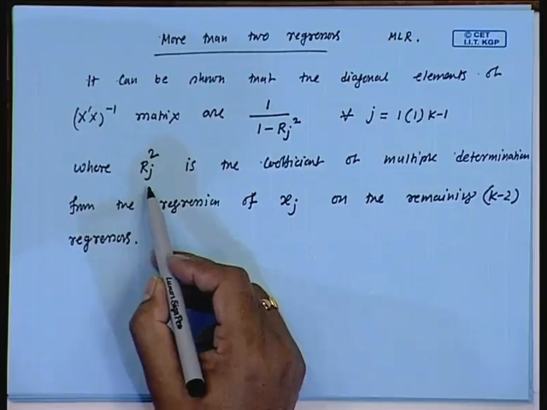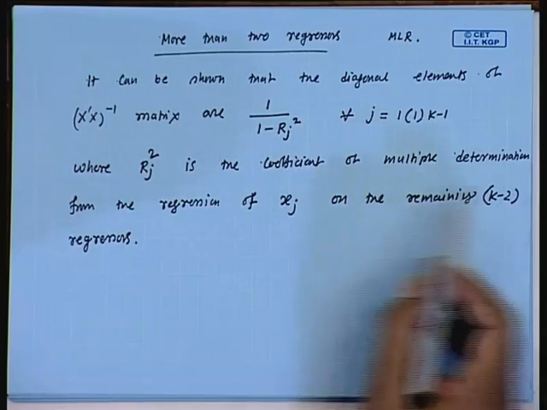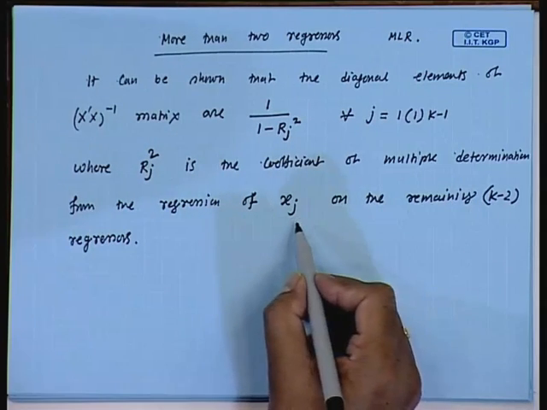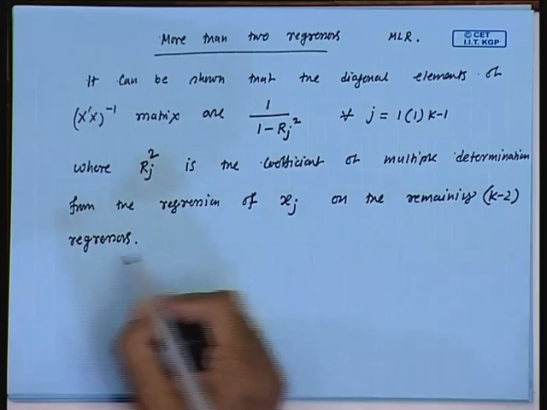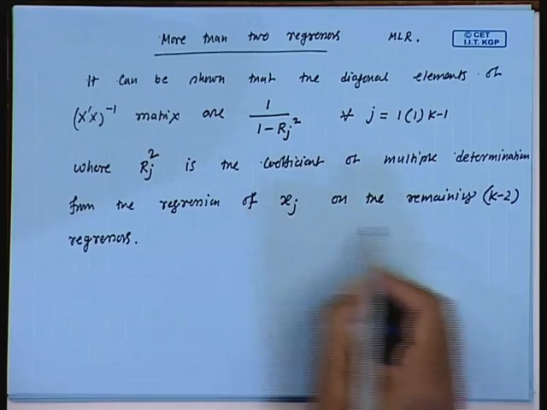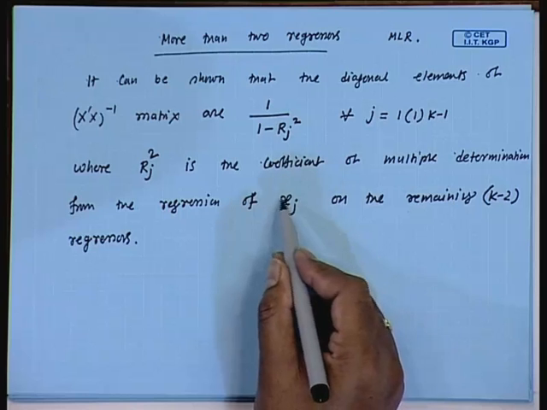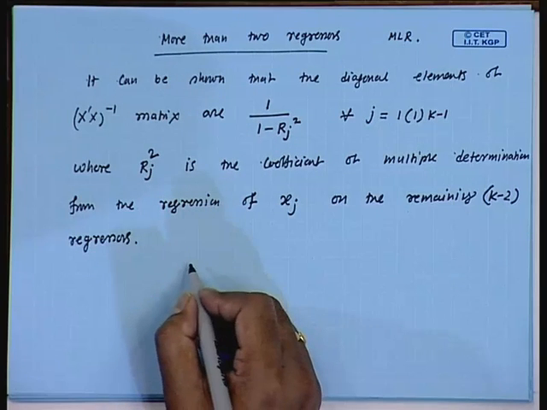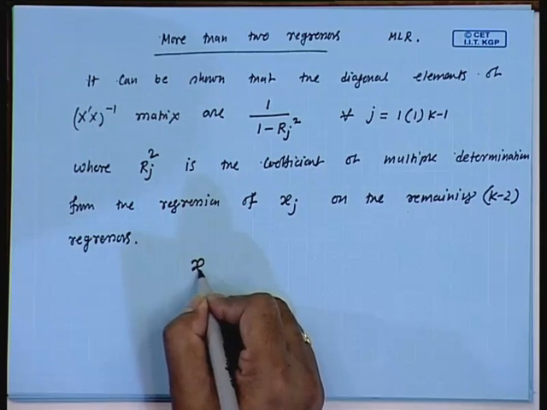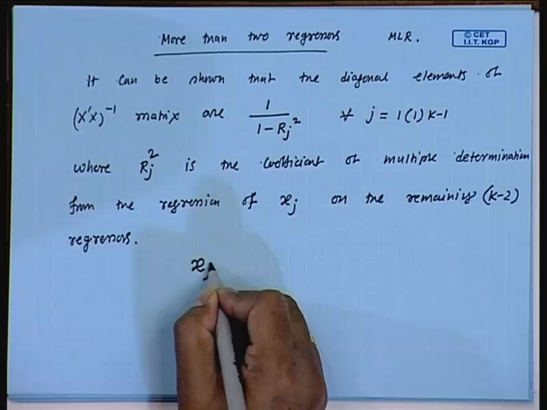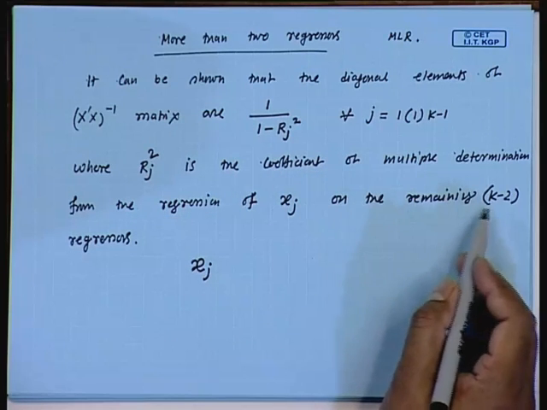But here this Rj square is the coefficient of multiple determination from the regression of xj on the remaining k minus 1 regressors. That means here the multiple linear regression model is in between xj and the remaining regressors.